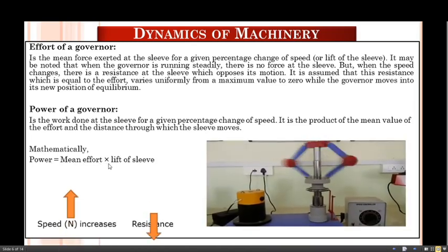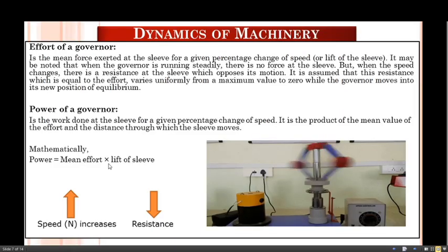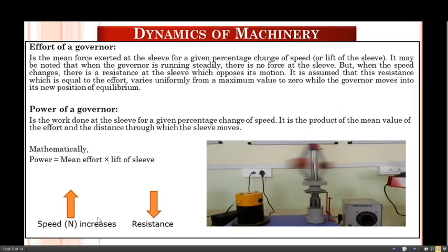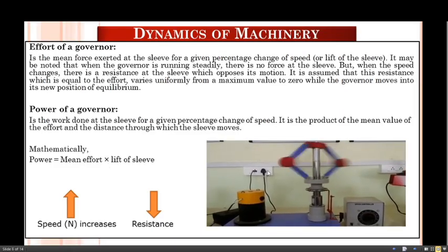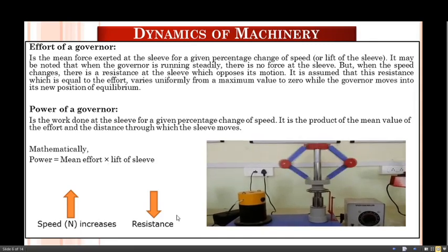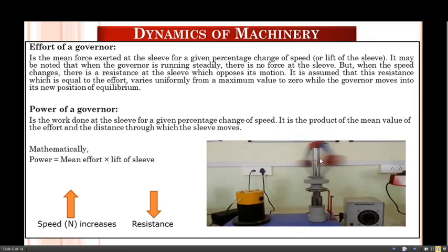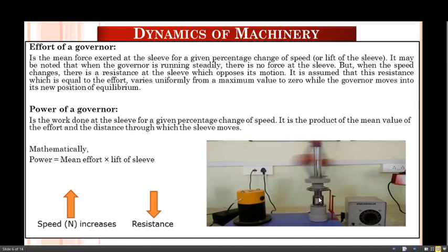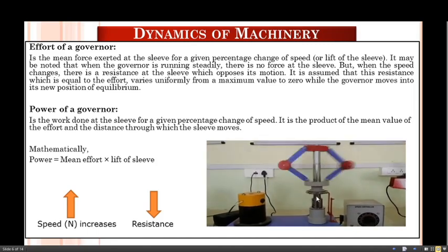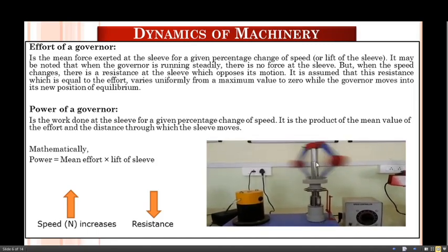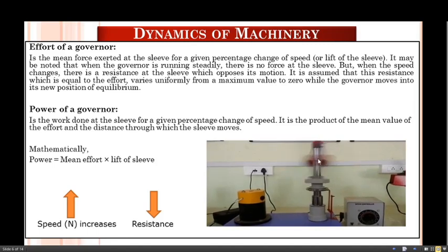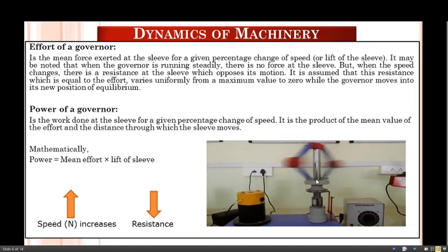As per our discussion, when an increase in the speed takes place, the force of resistance occurs in the opposite direction. When the sleeve tries to move in the upward direction, the resistance force comes in the opposite direction.